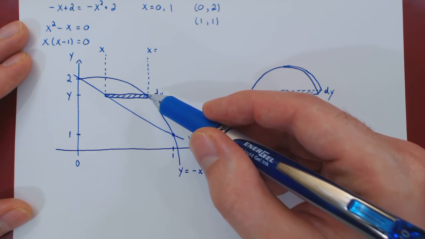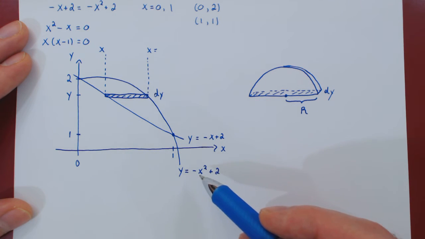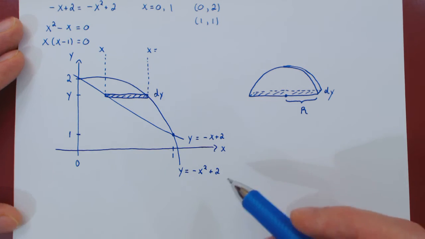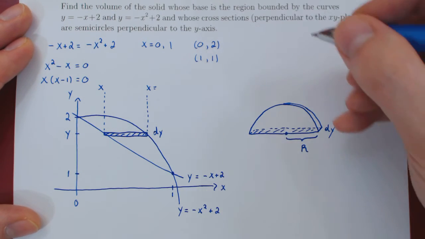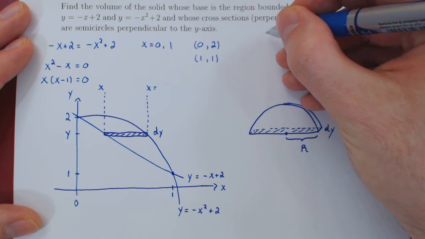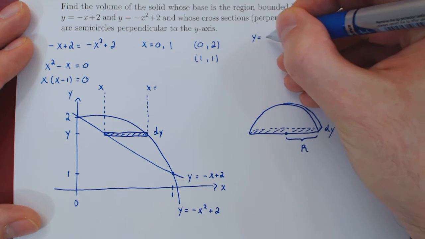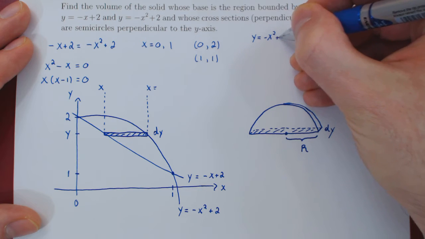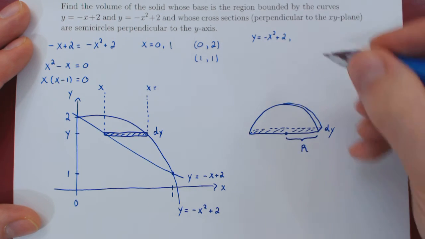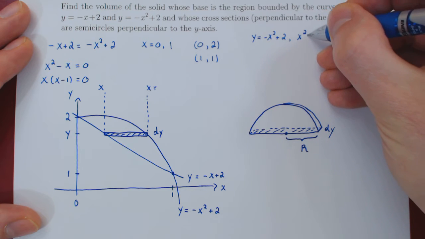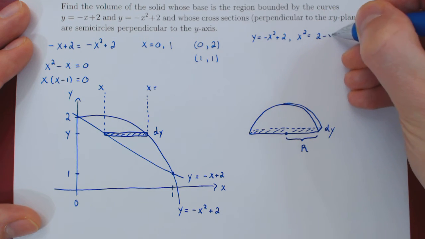Well, here we are on the parabola where y is negative x squared plus 2. So let's isolate now for x in terms of y. So first step, send x squared over here, y over there. So x squared equals 2 minus y.